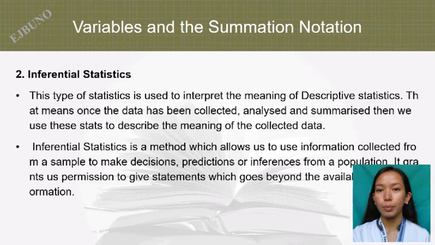It grants us permission to give statements which go beyond the available data or information. Or we can say that inferential statistics is used to draw conclusions from data that depends on random variations such as observational errors, sampling variation, and more. For example, deriving estimates from hypothetical research.